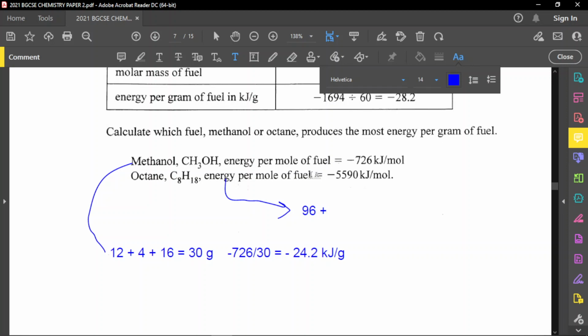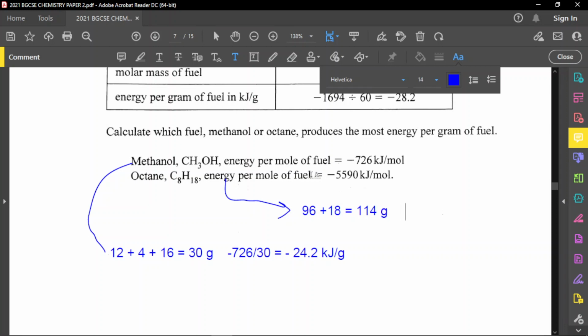Plus for hydrogen it's just 18 because it's 18 times 1. The molar mass here is going to be 114 grams.